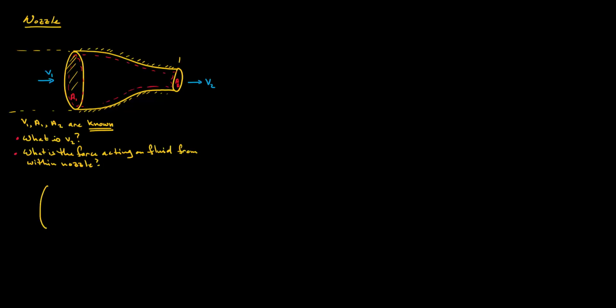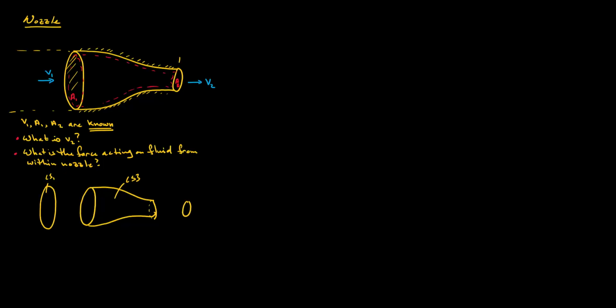So we'll have one surface here, which we will call control surface 1. We can have another surface, and then we have the outlet.